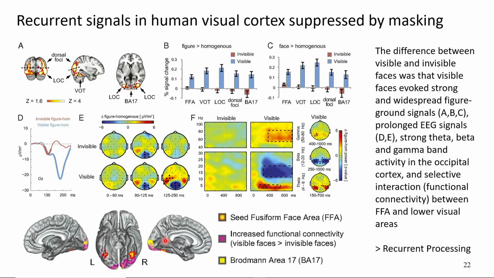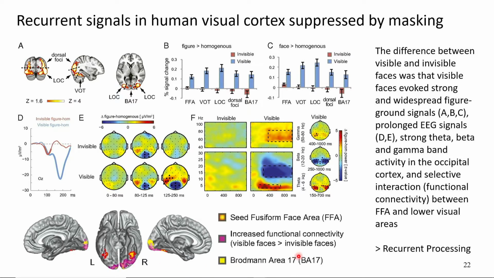But what I found most interesting is that if you look at the fMRI signals and you did a functional connectivity analysis, what you saw is that in the visible situation, you got the fusiform face area reaching back to lower level visual areas, which you didn't get, at least to a much lower extent, for the invisible situation.